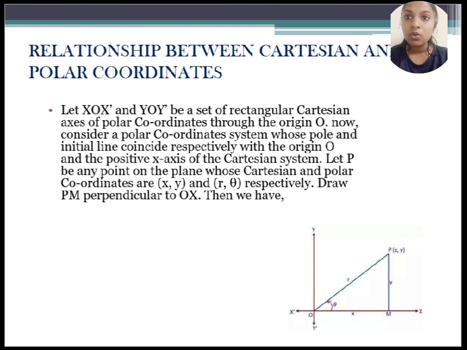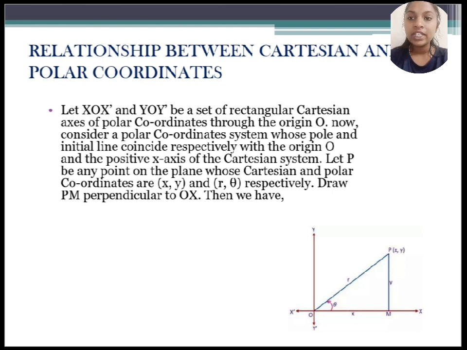Let XOX dash and YOY dash be a set of rectangular Cartesian axes and polar coordinates through the origin O. Now consider a polar coordinate system whose pole and initial line are congruent respectively with the origin O and the positive x-axis of the Cartesian system.